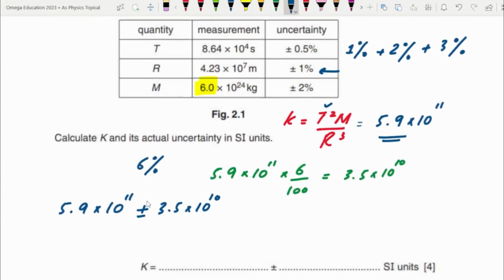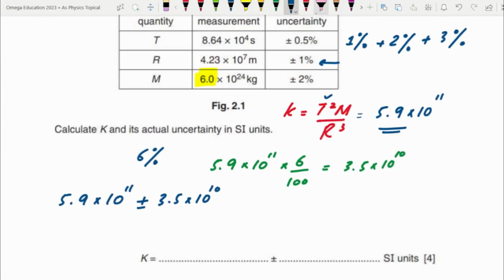Now the first thing is, what is the least number of significant figures in the uncertainty? It is 1, so you need to round off the uncertainty to one significant figure. The principal value is already consistent, with 2 significant figures. The uncertainty would be 4 into 10 to the power 10.